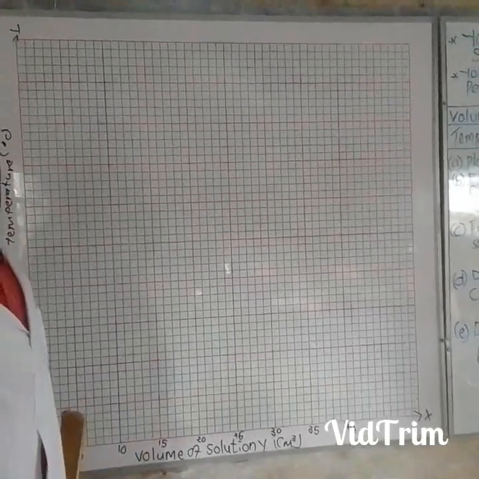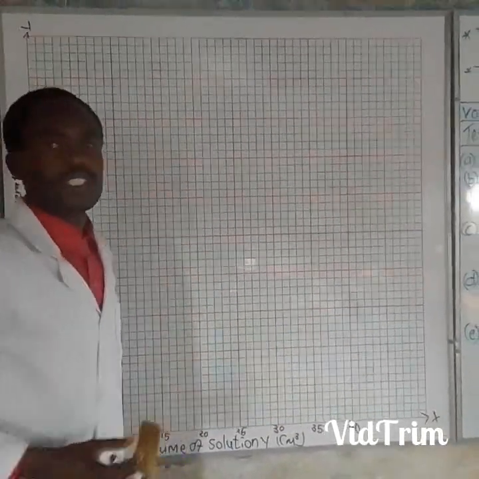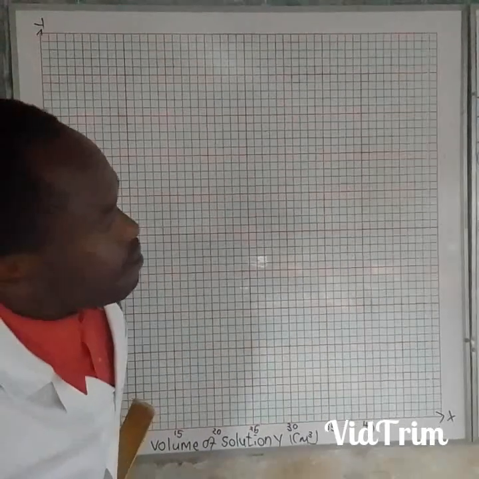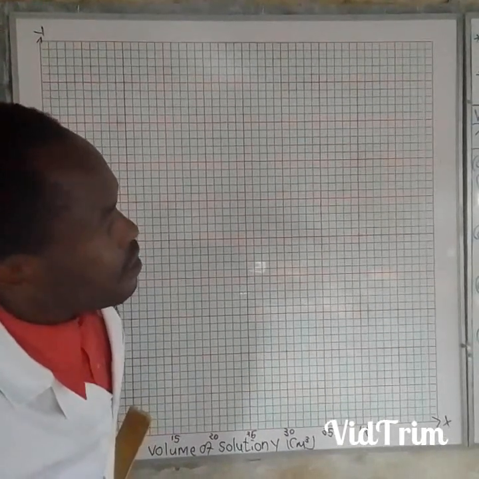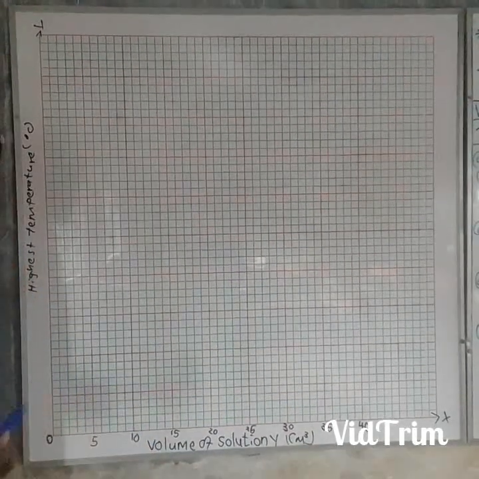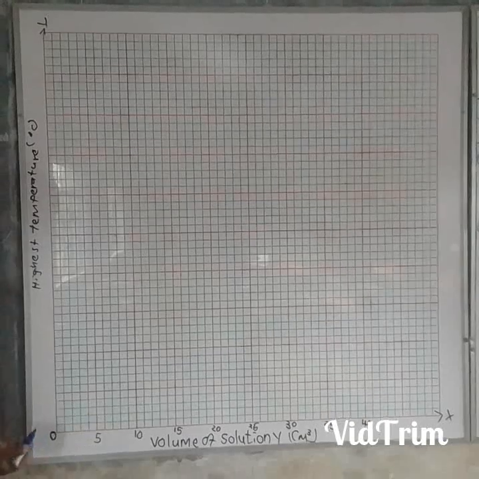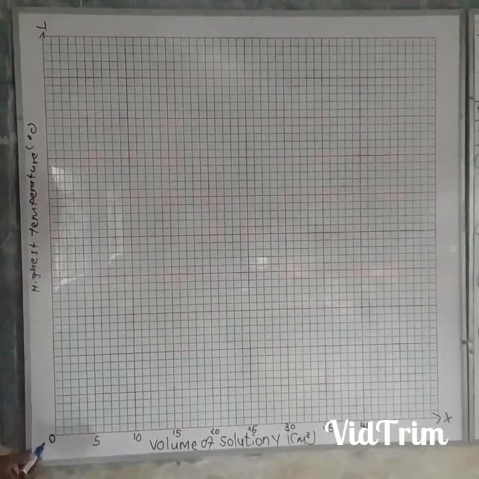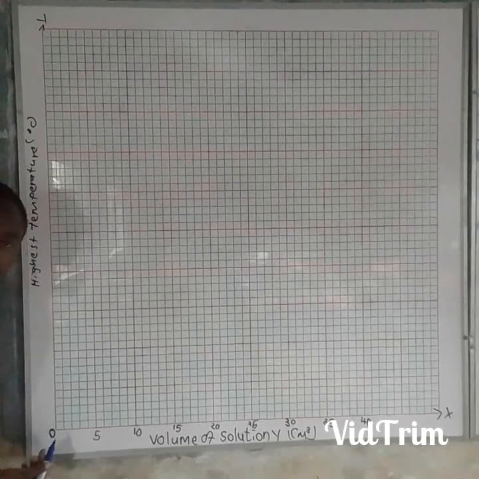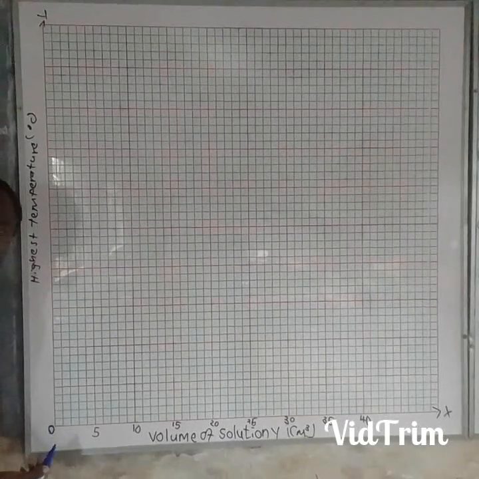Then when I look at the Y-axis, the highest temperature reached is 23.5. So a suitable scale, in this case, on the Y-axis, I again take one small square box to represent 1 degree Celsius.